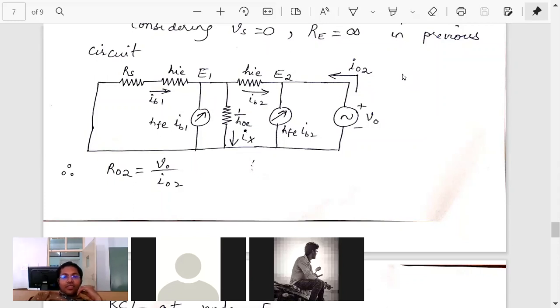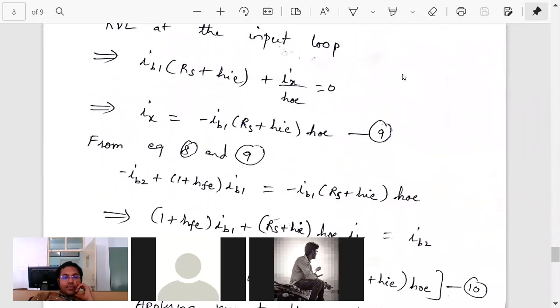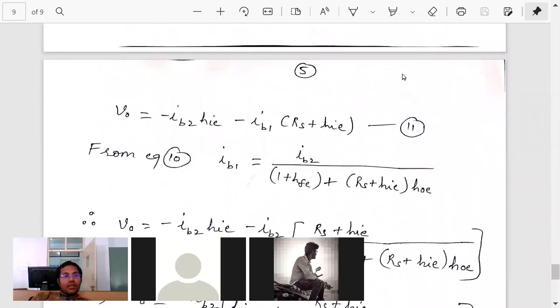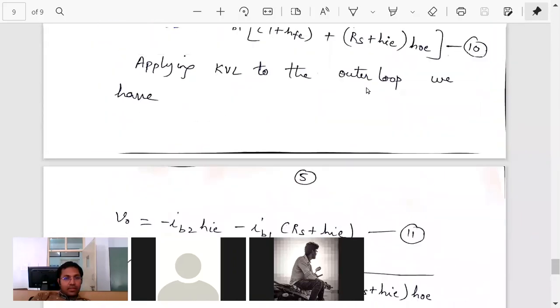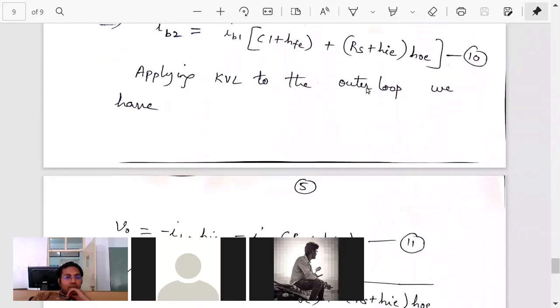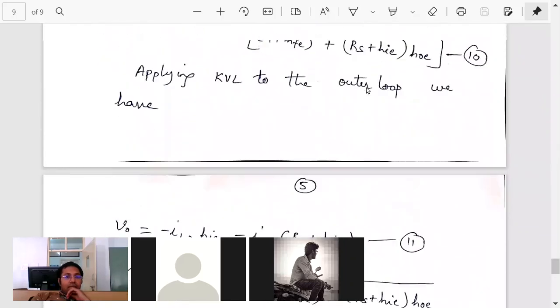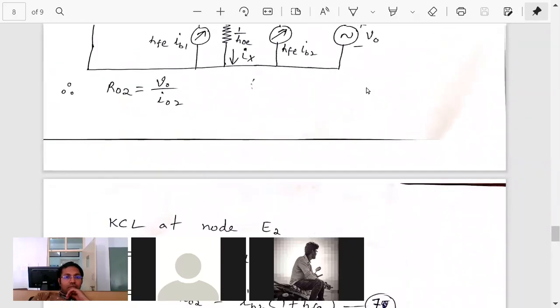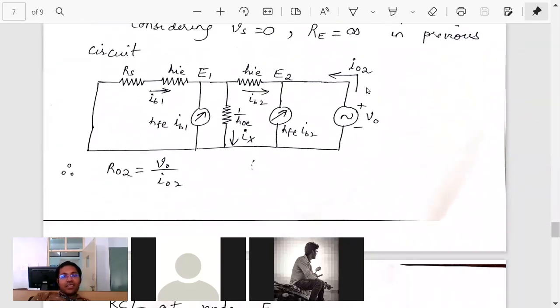So V0 is equal to minus IB2 into HIE plus 1 by HOE into IX. Okay. So that is the equation we will get here, right?